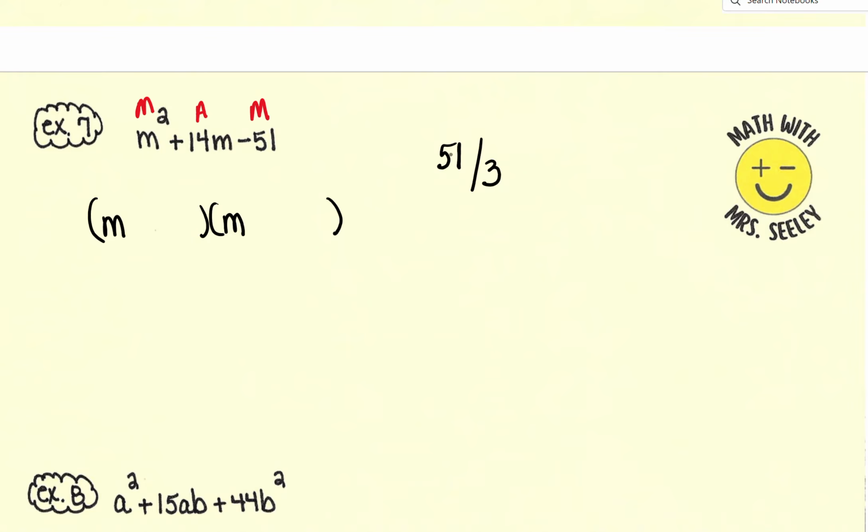Eventually you'll say 51 divided by 3. And when you do, 17 comes up on the screen. So how you know that you got this right is you're looking at these two numbers right there. You divided by 3 and you got 17. And 3 and 17 can get me a 14. So that's the combination.